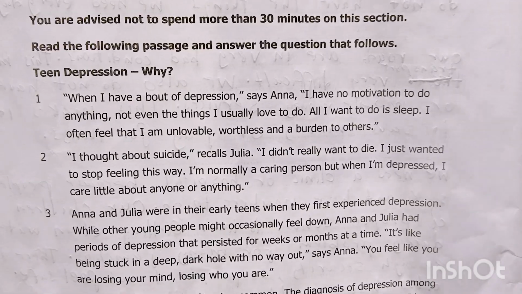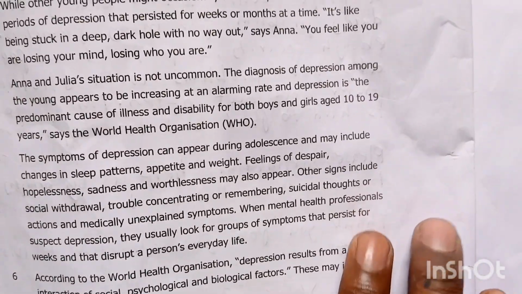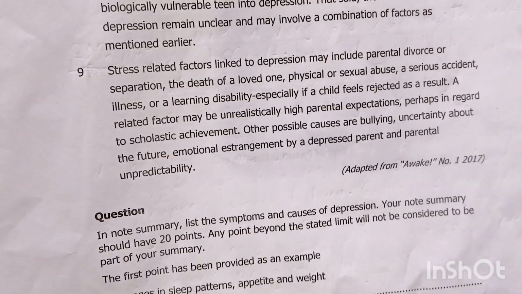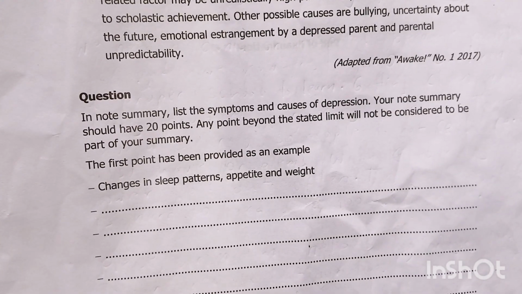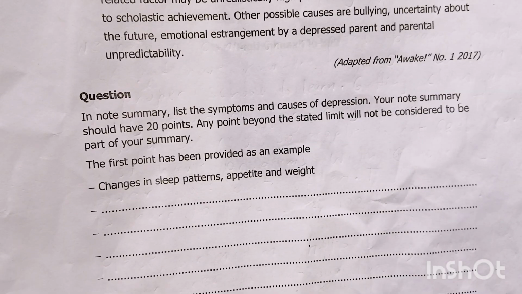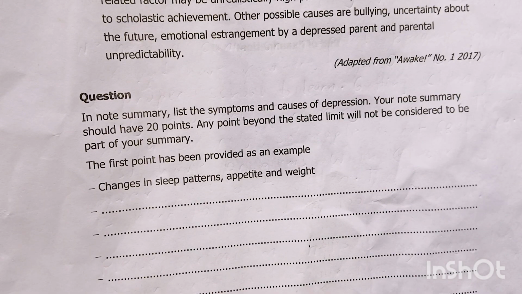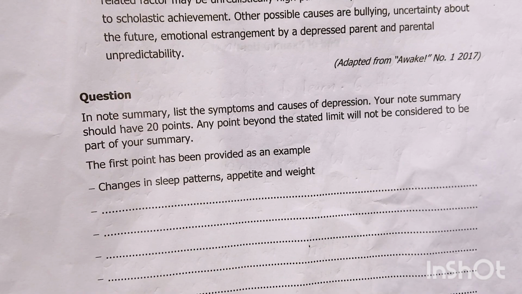So let us look at the question before we start answering it. The question was as follows: In note summary, list the symptoms and the causes of depression. Your note summary should have 20 points.